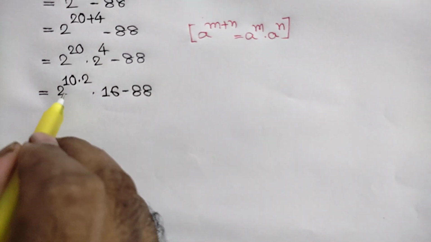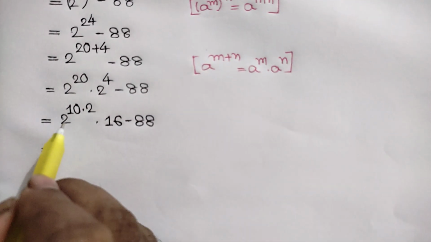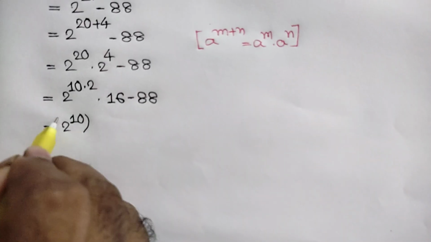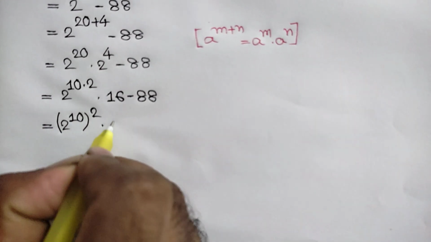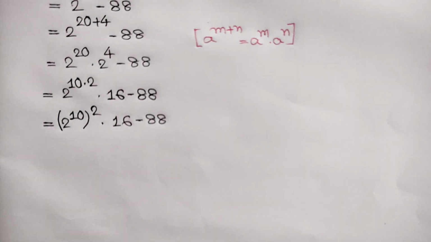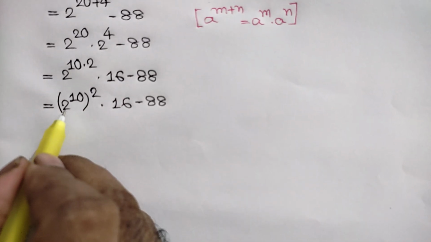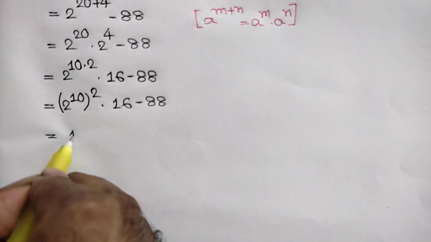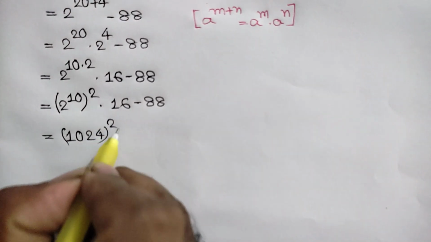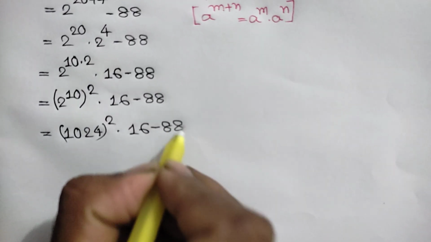Now apply this formula here. We can write 2 to the power 10 whole square times 16 minus 88. We know 2 to the power 10 is 1024, so 1024 whole square times 16 minus 88.